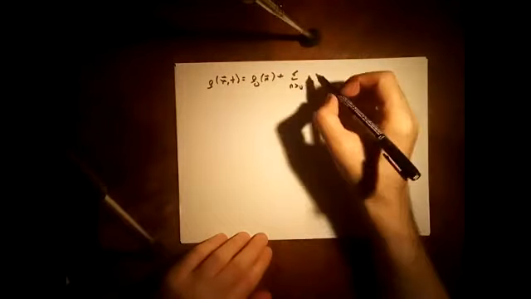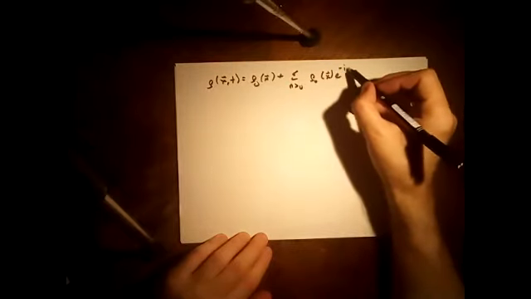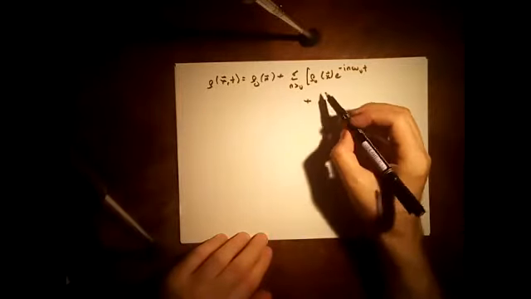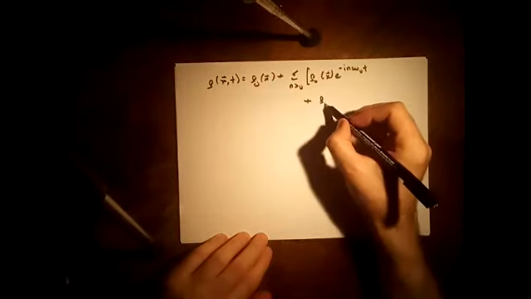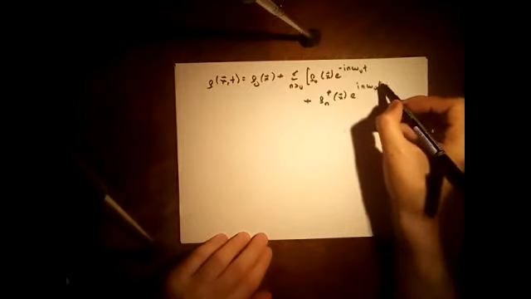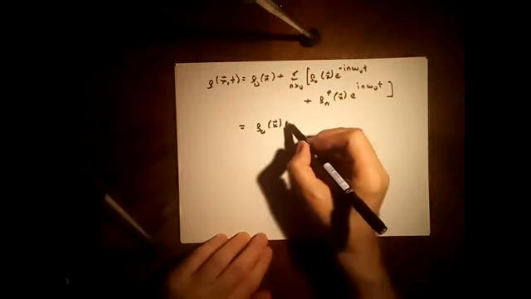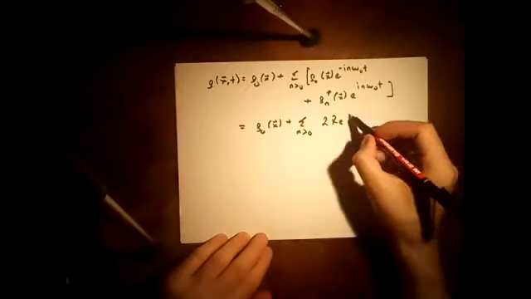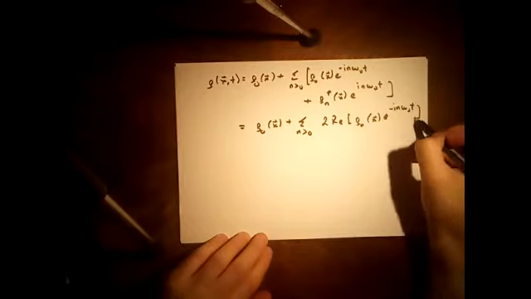In other words, I can write rho n x e to the minus i n omega 0 t, and plus, I could write rho minus n x, but I'm going to use the identity and write rho n complex conjugate x e to the i n omega 0 t. So basically, we can rewrite this as rho 0 x plus the sum over n greater than 0 of 2 times the real part of rho n x e to the minus i n omega 0 t.